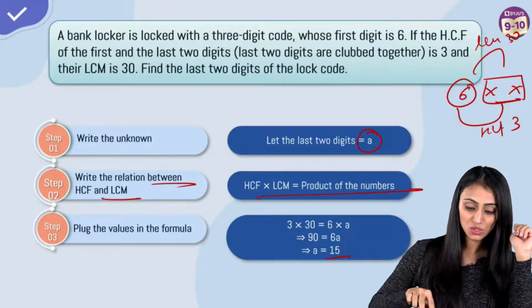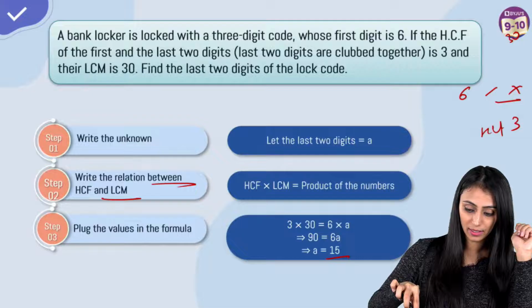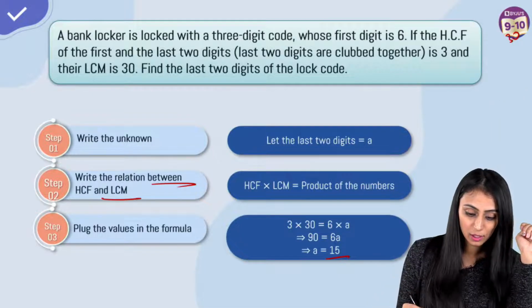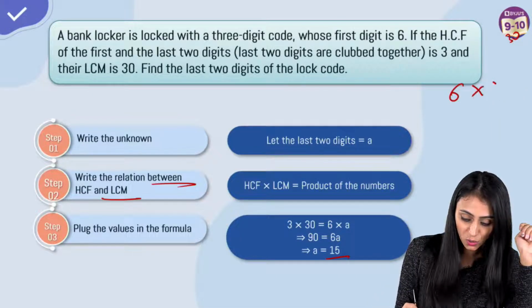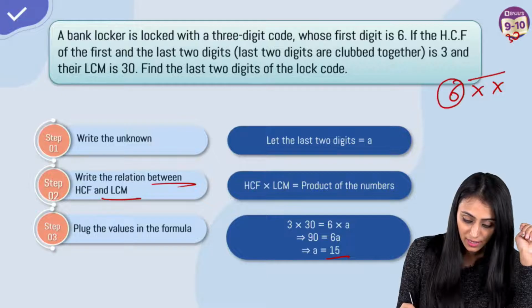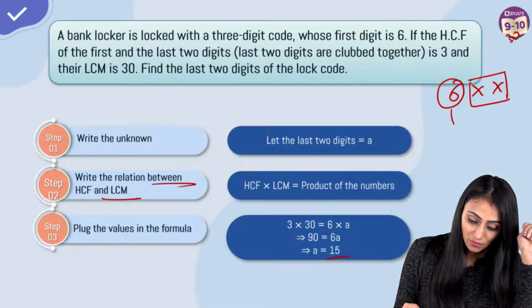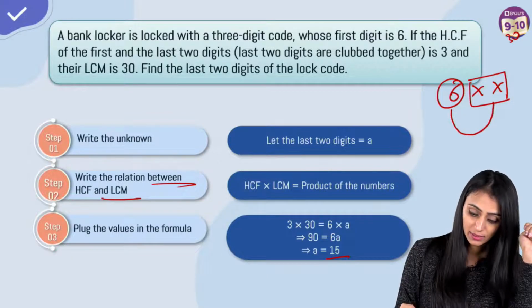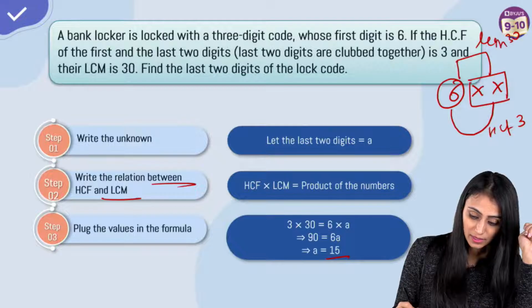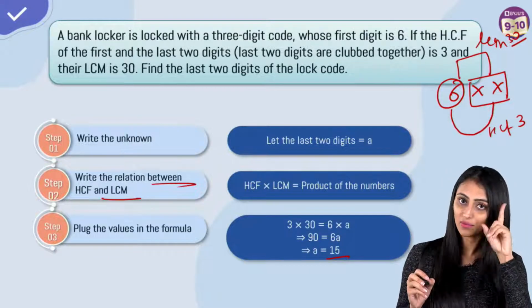Okay. So Chetan, what we are doing here is, we know that the bank locker has a 3-digit code. So this is our first digit and we have clubbed these 2 digits together, right? The question is saying the HCF of this and the last 2 digits together is 3 and their LCM is 30. We know HCF, we know LCM.